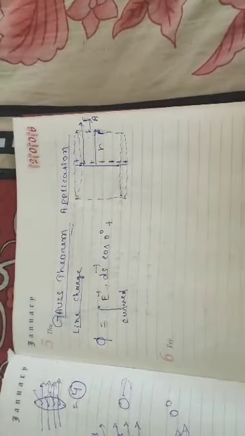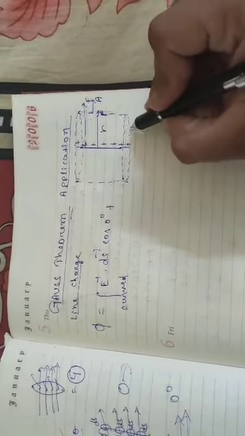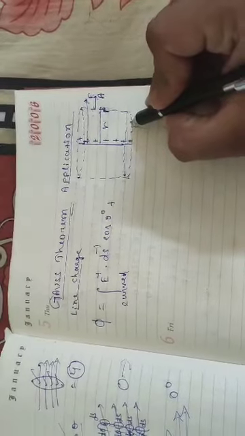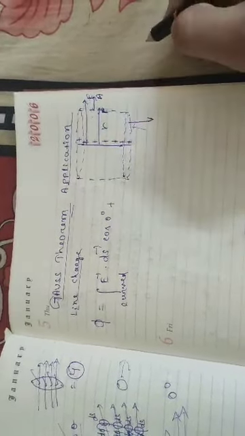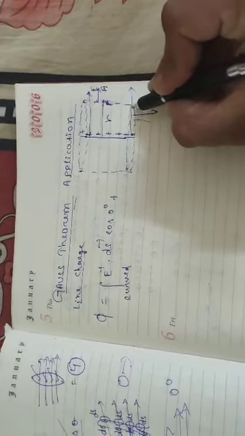another two surfaces are present. What are these? The top surface and the bottom surface. Let us check the bottom surface here. The bottom surface area vector is like this, but where are the electric field lines going? Like this. How much angle are they making?